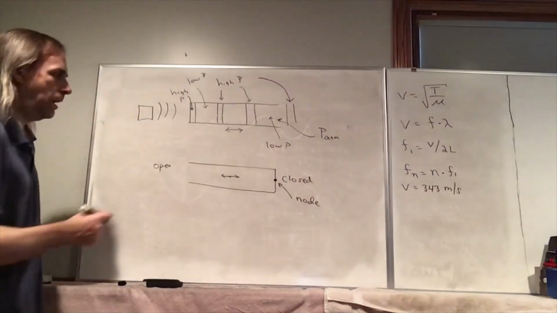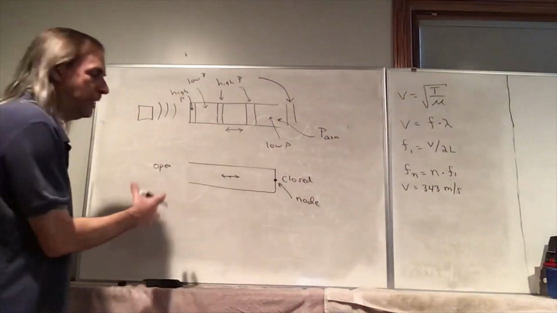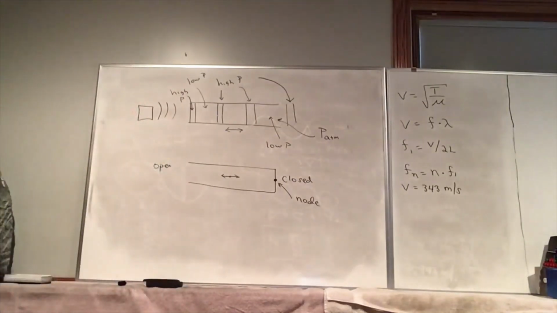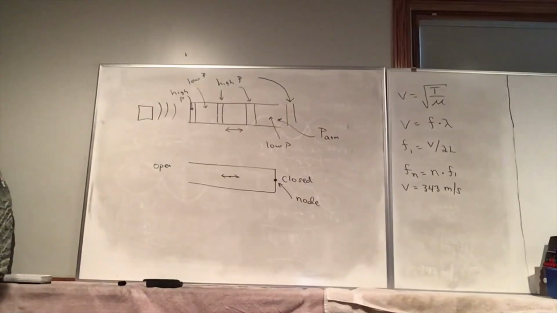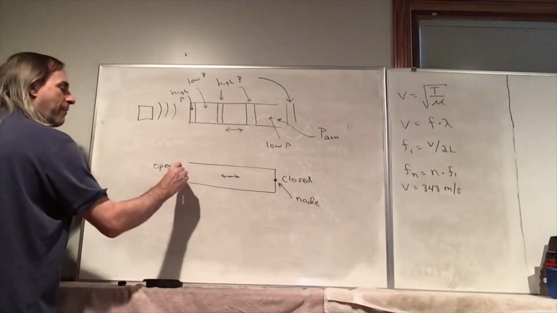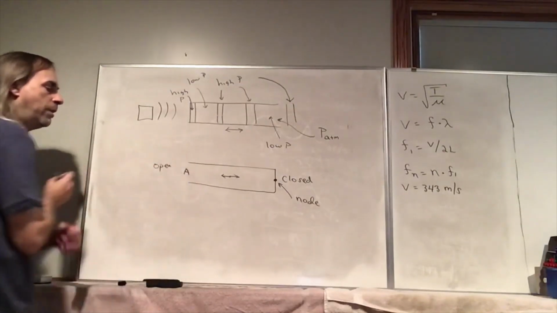Now, this is the only condition that will create resonance. Yeah, you can't have any oscillation here. Now at the open end, again, we're just looking at the conditions that will create resonance. We're going to have an antinode at the open end.